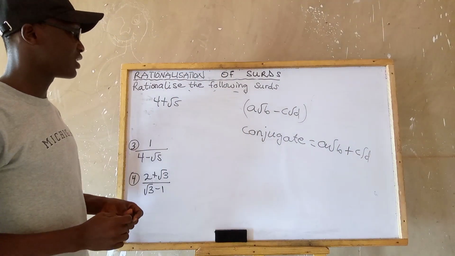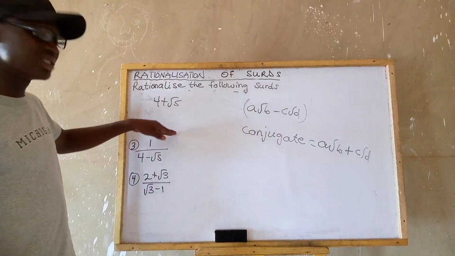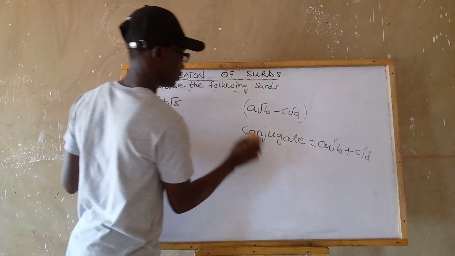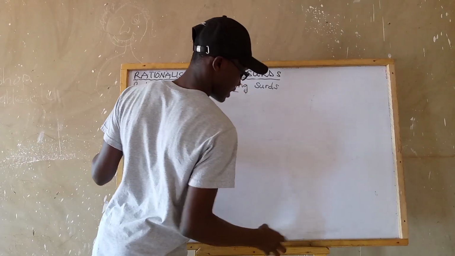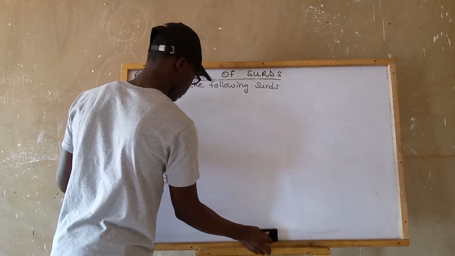So just change the sign, then multiply the conjugate by the numerator and also the denominator. So here, you will just have to find the conjugate, then multiply the conjugate by the top and then the down.